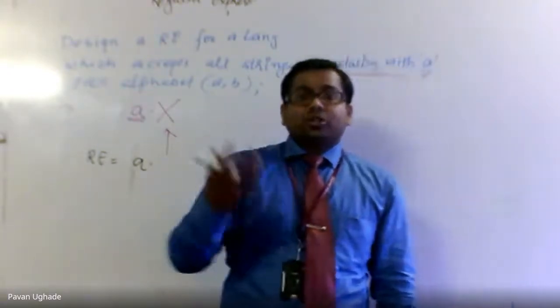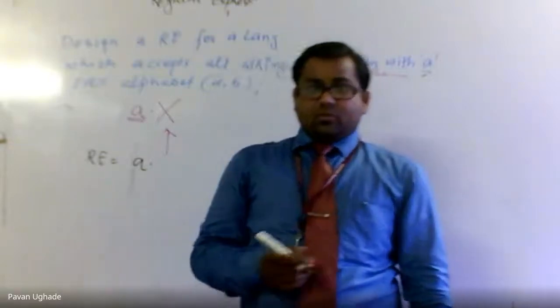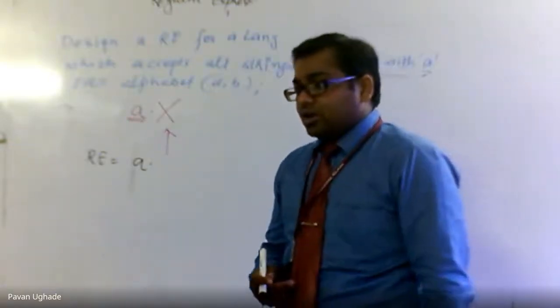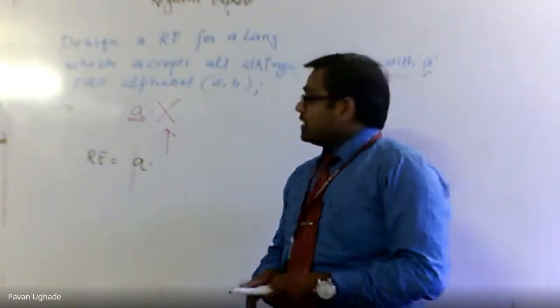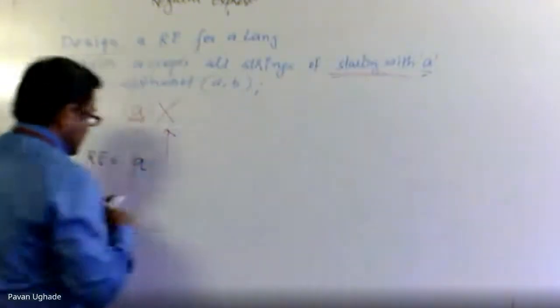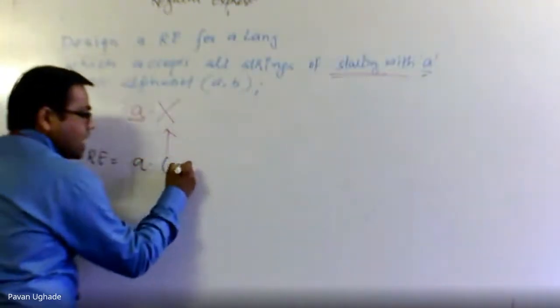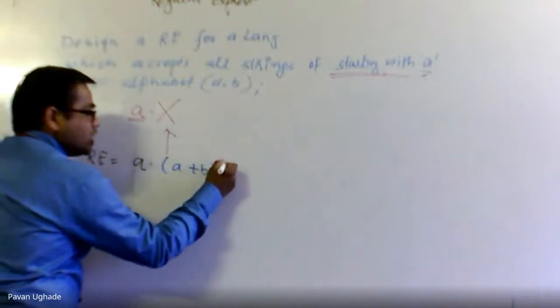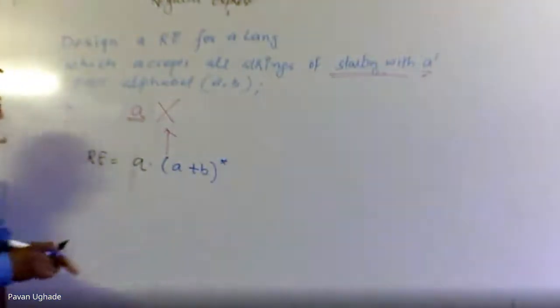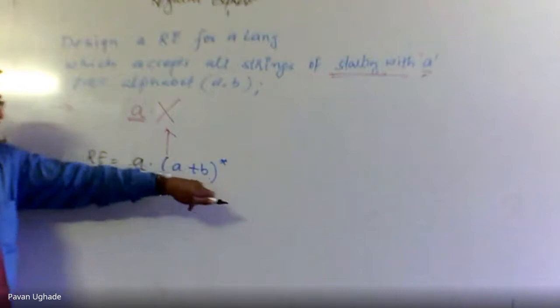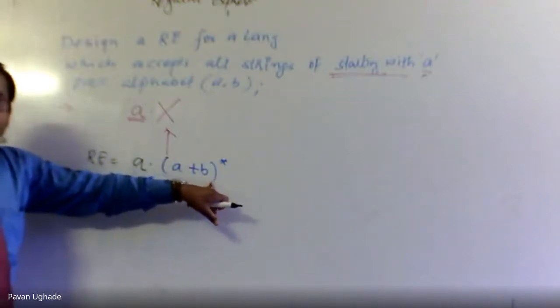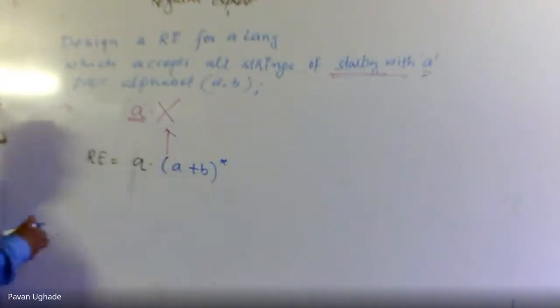Any combination of A and B in the regular expression is nothing but A plus B the whole closure. It gives any combination or all the combinations over A and B. Now this is the regular expression.